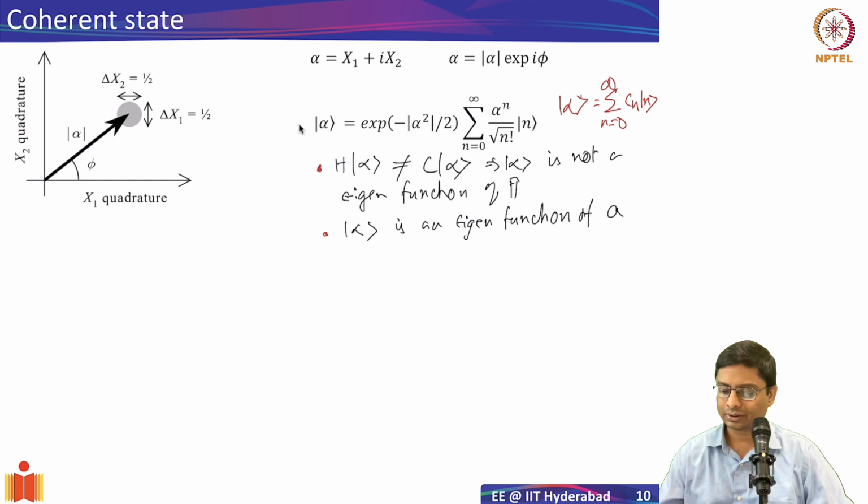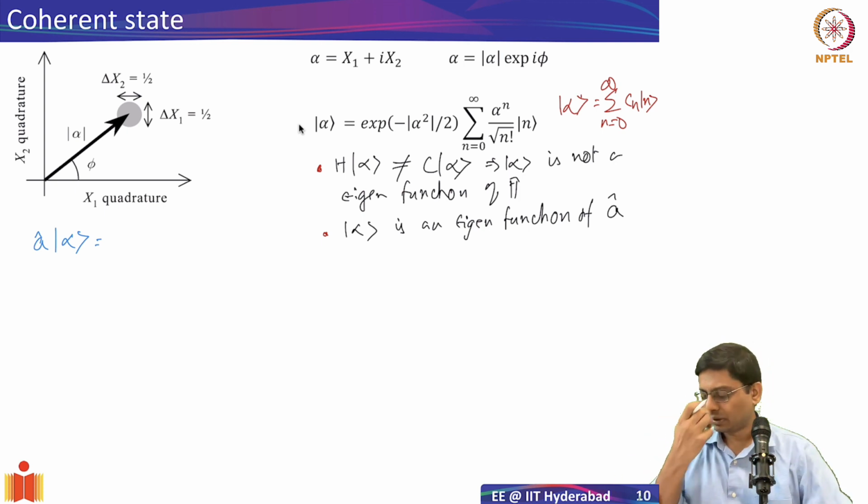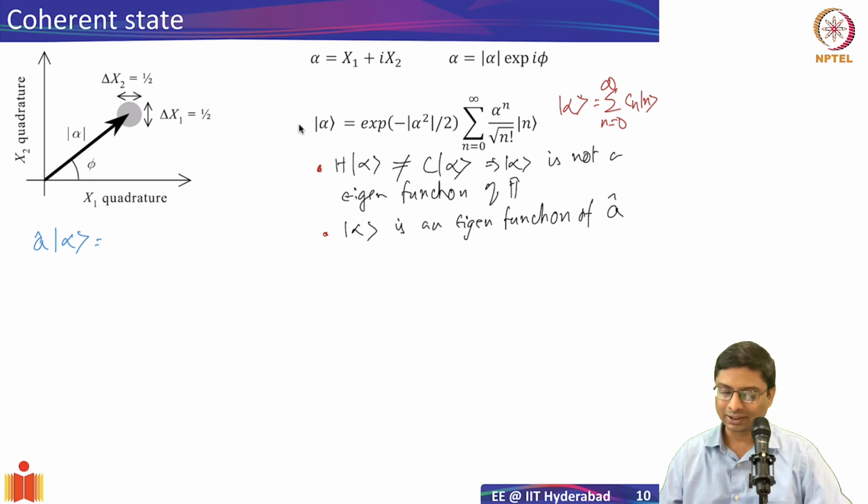How does it work? Let's try to verify it. We have the tools to do that, right? So if I have operator A acting on alpha, what do we expect? What is operator A? It acts on a number state and produces a lower state, right? So I'll simply substitute the whole thing. Let me be a little lazy here.